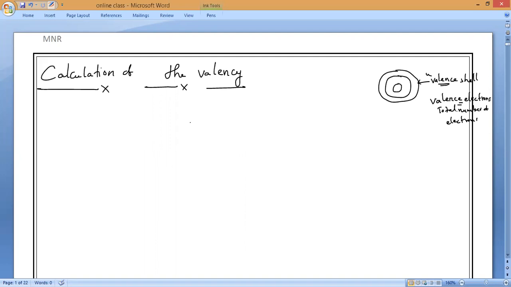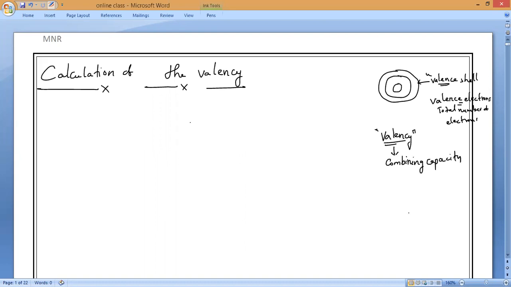Same way, last thing we studied, what do you mean by valency? Everybody, at least this definition, don't know? Yes, please. Combining capacity of an element. What do you mean by combining capacity?